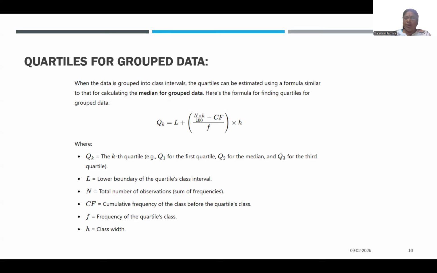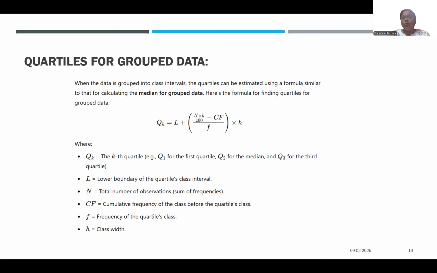If you are calculating Q1, you place K as 1, and similarly for Q2 and Q3 separately. Here L is the lower bound of the quartile class, N is the total number of observations, or the summation of frequencies, and K is Q1, Q2 or Q3, whichever you are deriving, divided by 100, minus CF.